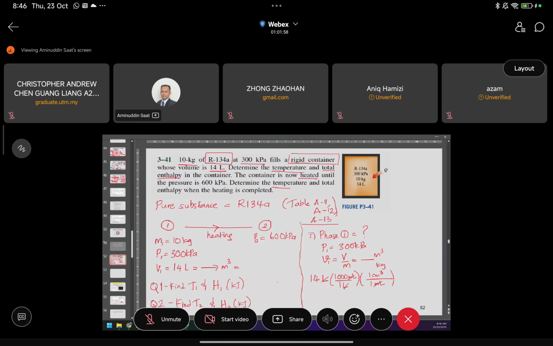And then this is centimeter, so you need 1 meter equals 100 centimeter. This is cubic, so it is to the power of 3. So centimeter cubic cancels out. So 14 multiplied by 1000 divided by 100 to the power of 3.